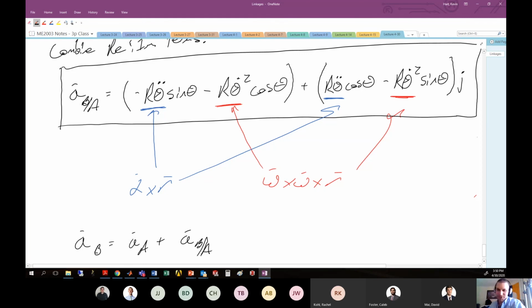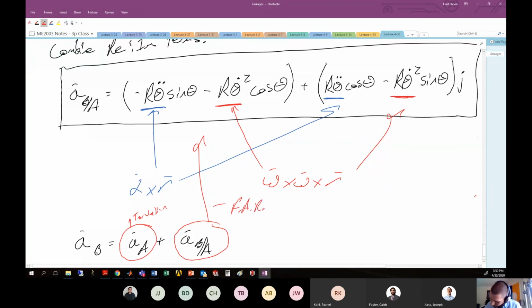Is this what you're asking about, Alec? So this is all the fixed axis rotation term here. This is your translational term, which still might possibly exist. This is your fixed axis rotation. That's why we have here the acceleration of B relative to A. Understand that, Alec? Got that?